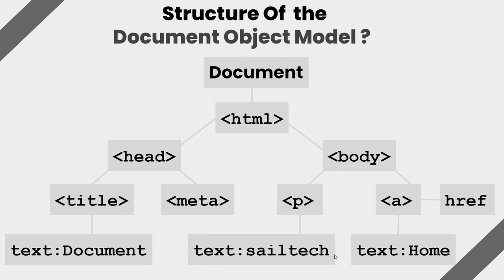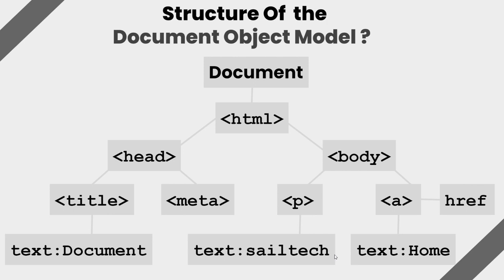Now, for a very, very brief example of the DOM structure, this particular structure we are seeing is not the structure of an entire DOM. It's not the structure of an entire web page, but it's just a very, very brief diagram of what the DOM actually looks like. So you can see that the first part of the DOM begins with the document.